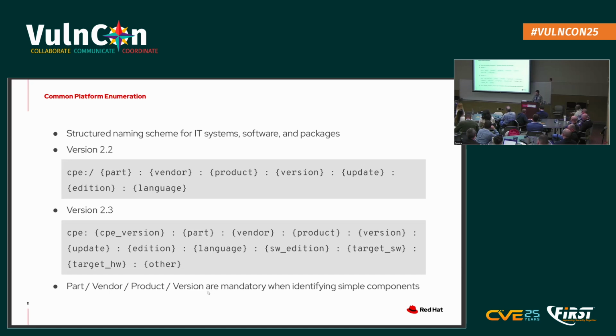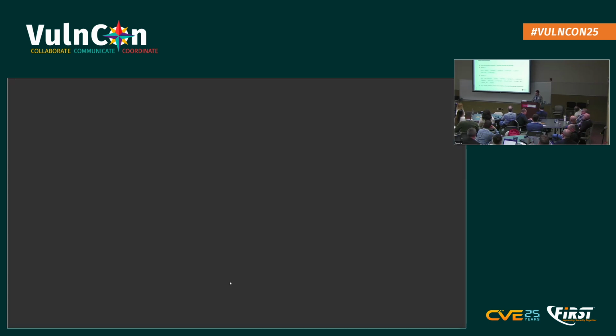Both required certain elements as mandatory to have like a minimal set. The spaces around are just so that we can read this better, but a full CPE has them removed. But there's really not any guidance on how you should be using the individual fields. There's guidance into what the values mean, but not really guidance about what you should put in there.